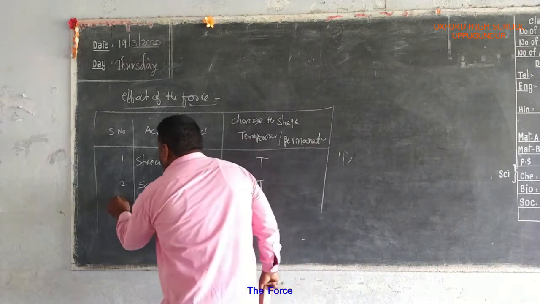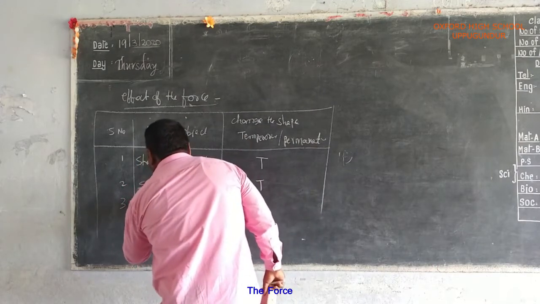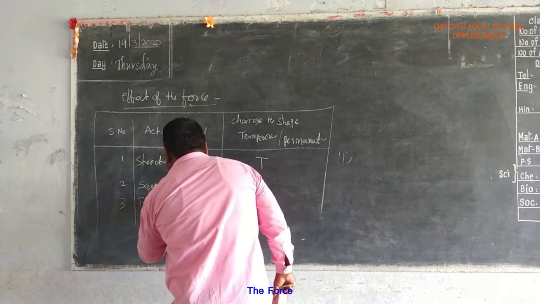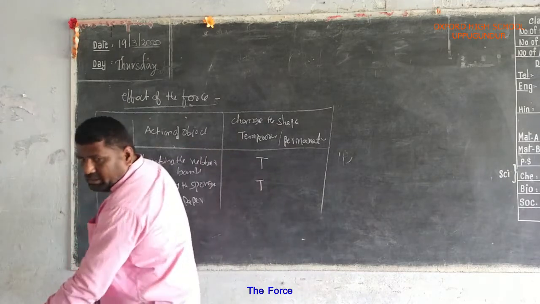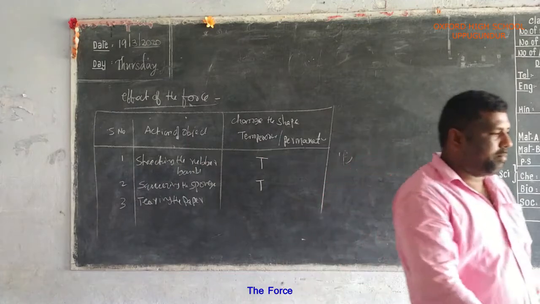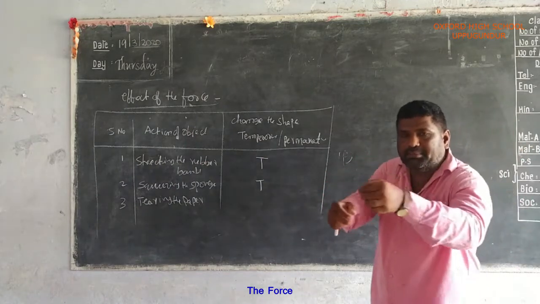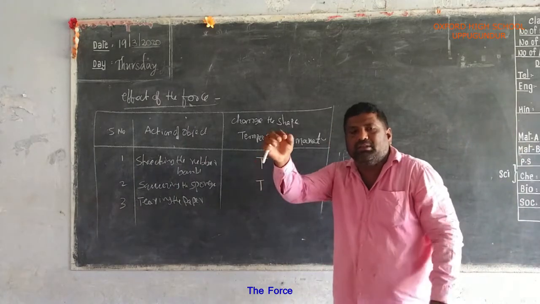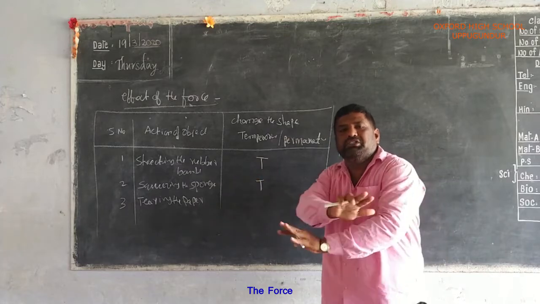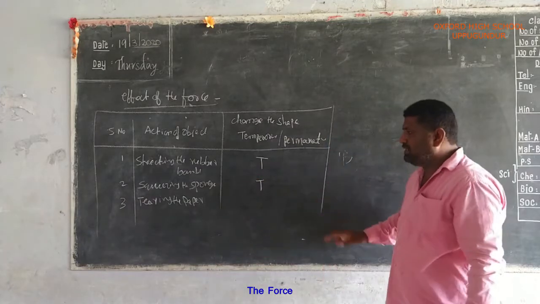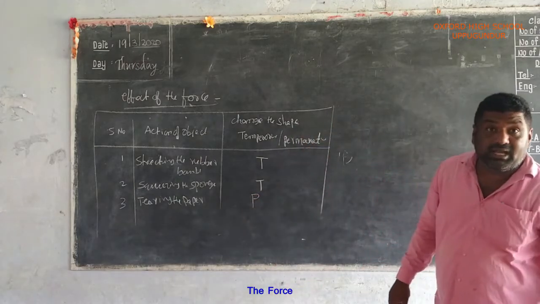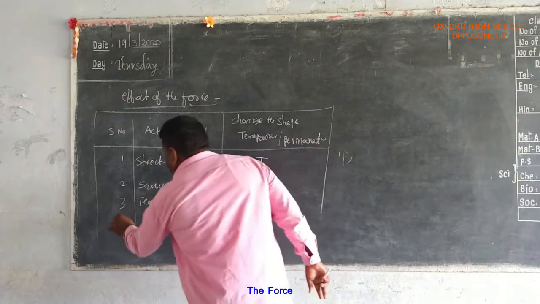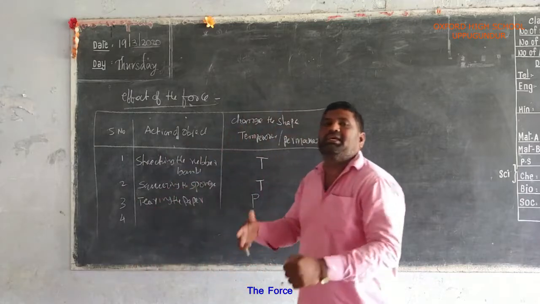Next, third one, tearing the paper. When we apply force on any paper and tear it, the shape of the paper is changed. This change is permanent. Next, fourth example, breaking the glass.